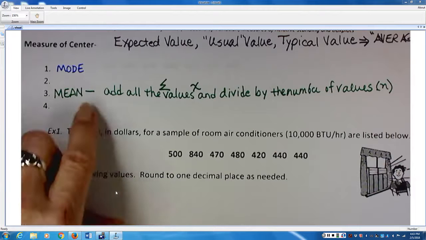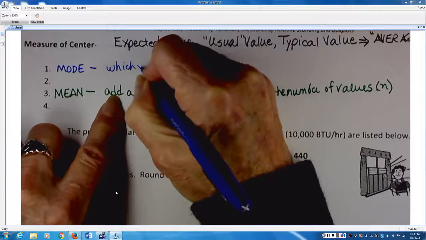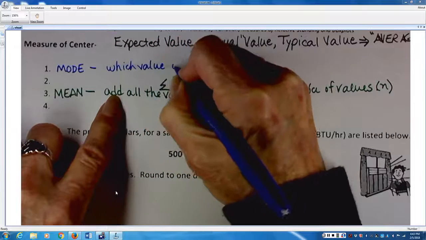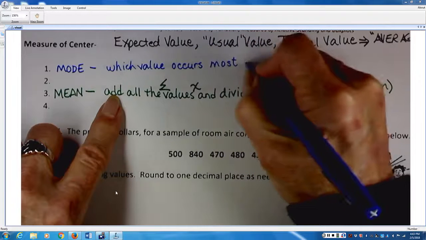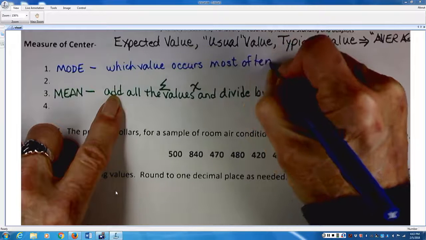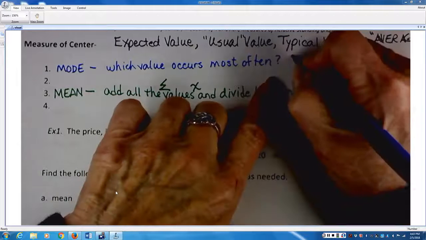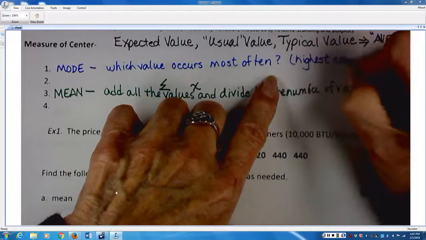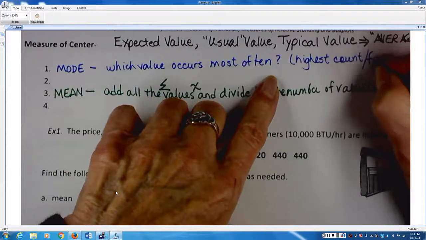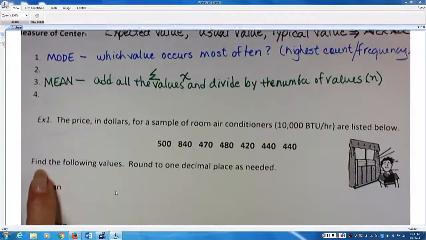The mode simply looks at which value occurs most often, which value has the highest count. Highest count or frequency.